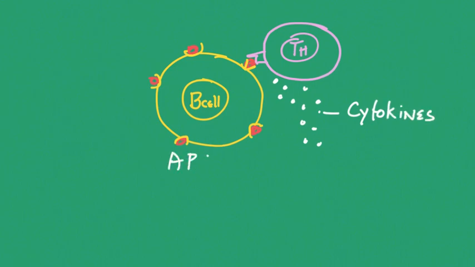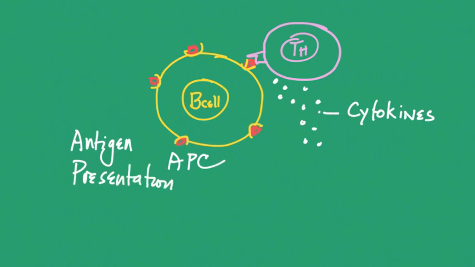Cytokines have the ability to stimulate the production of antibodies in the next few steps. This stage is called antigen presentation, and the cell is called an APC, or an antigen presenting cell.